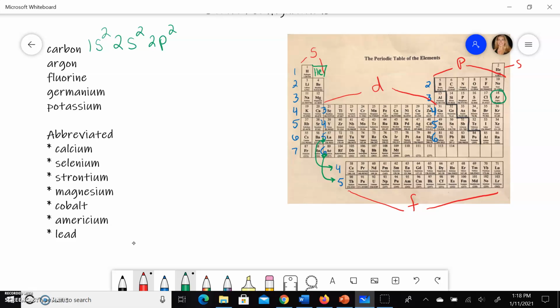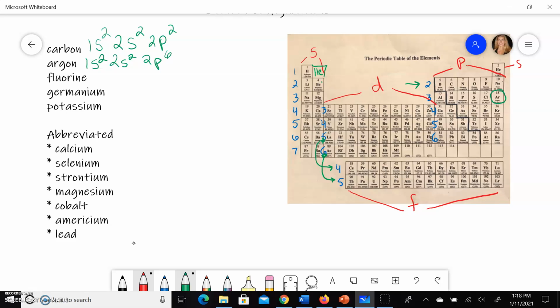All right, let's do the next one, argon, which is way over here. Just like carbon, we're going to start at the 1s2, and that gets us across that top row with the hydrogen and helium. Then we're going to go down a row to lithium, and now we're at 2s. Count across 2. That gets us to beryllium. All the way across, keep on going till you get to here, and we're at 2, but now we have a P. And if you count all the way across for P, you should get to 6. So the most electrons you can fit in a P orbital is going to be 6.